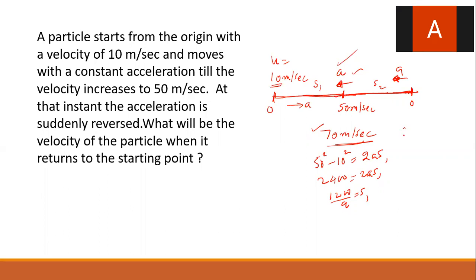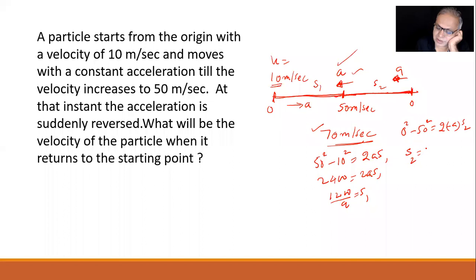Now 0 square minus 50 square is equal to 2 into minus a, I should write now, deceleration, into S2. So S2 will be how much, children? 2500 by 2, 1250. Yes, sir. So it is 1 by a into 1200 plus 1250 is the distance, right? The total distance. Now it goes from here to there.